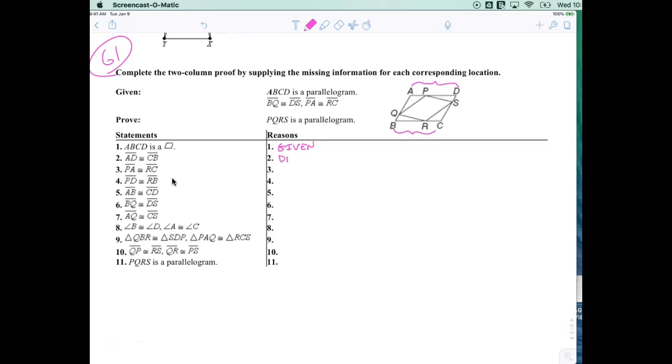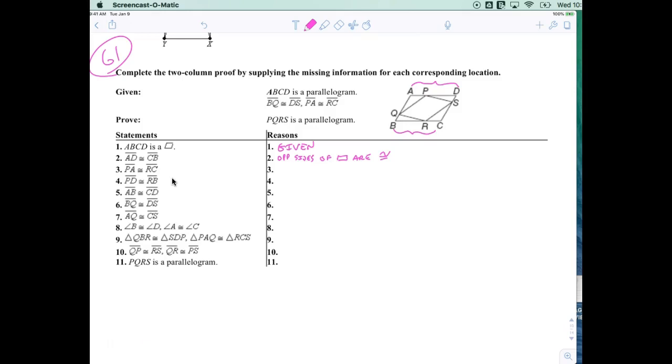That's, yeah, definition of a, well, it's not really the definition of parallelogram. Definition of parallelogram just says the opposite. Well, here I would honestly just say opposite sides of a parallelogram are congruent. You with me on that? The definition of parallelogram just basically says the opposite sides of a quadrilateral are parallel.